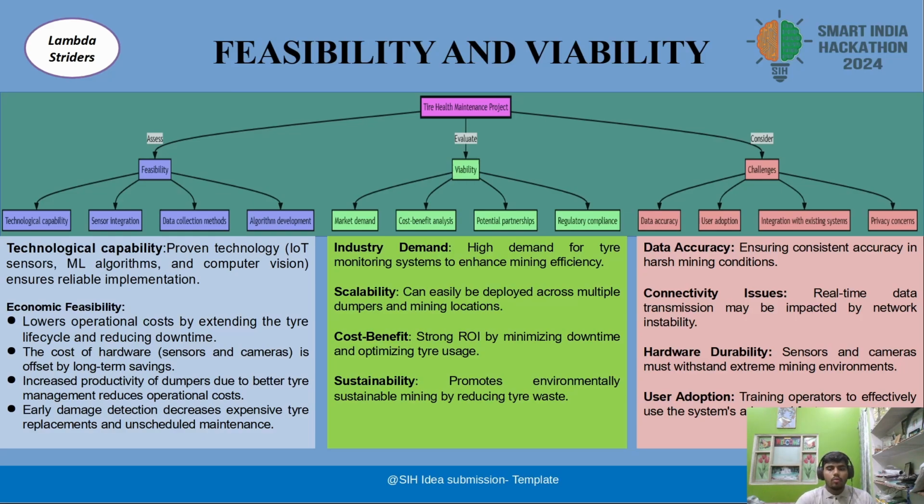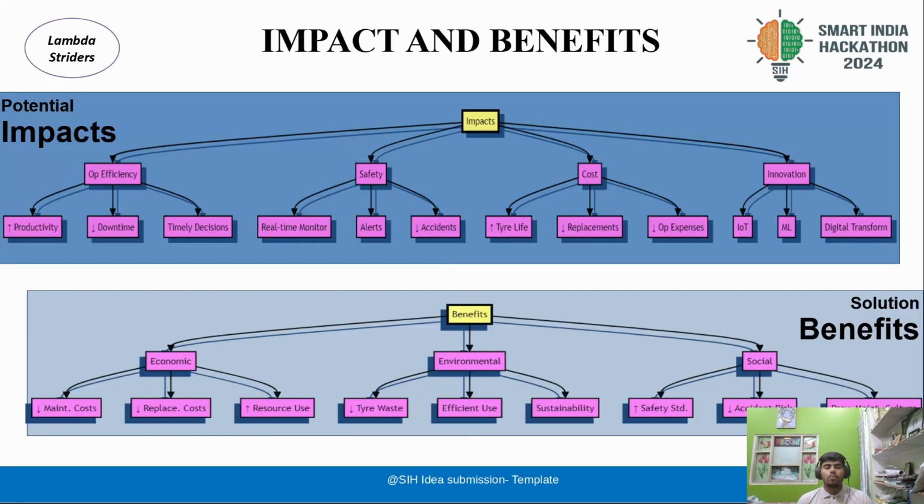Okay. Moving on, we have impacts and benefits. The first impact is that operational efficiency goes up. Productivity goes up, downtime goes down, and we are making timely decisions based on data.